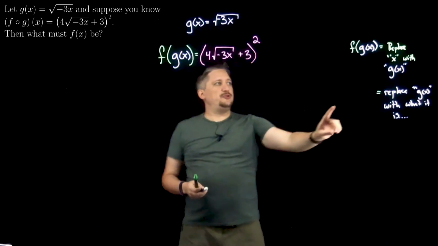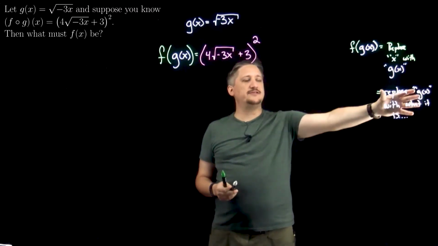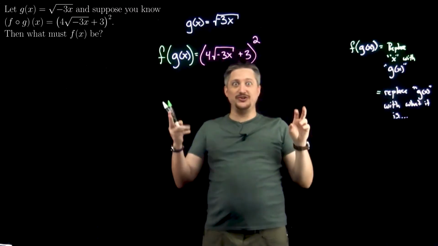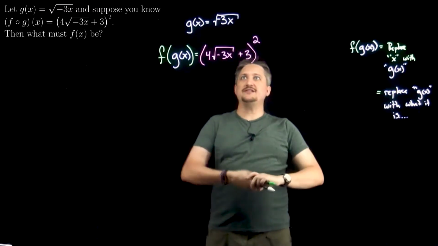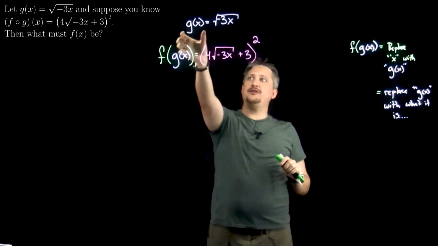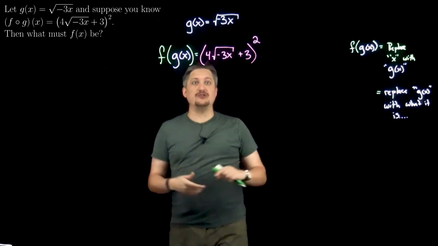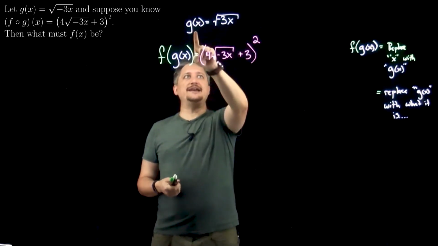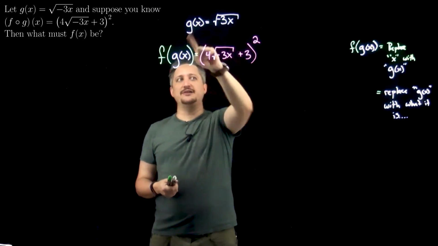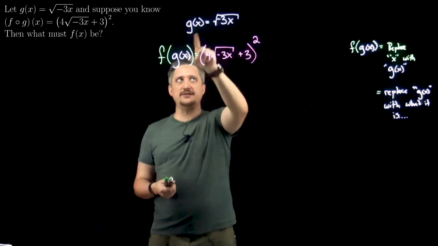So what I want to try to do is do these steps, but in reverse. The last step is to replace the symbol g of x with whatever g of x equals. So I'd find all the g of x's and replace them with the square root of negative 3x. Now I want to go the other direction. I want to look at my f of g of x, find anything that looks like g of x, and replace it with literally just g of x.